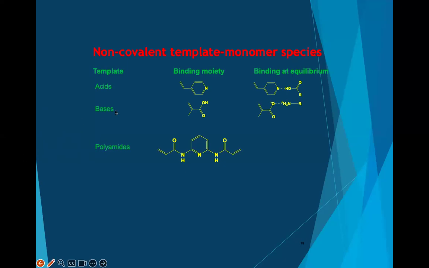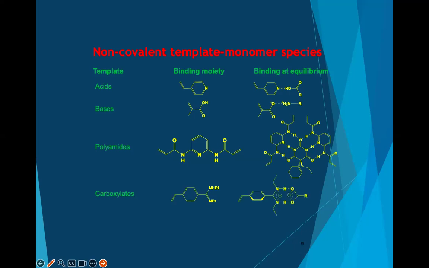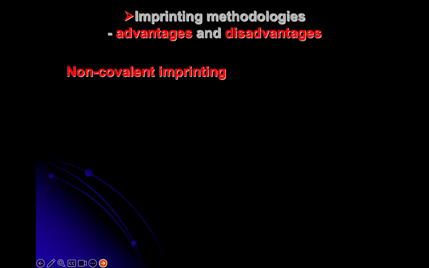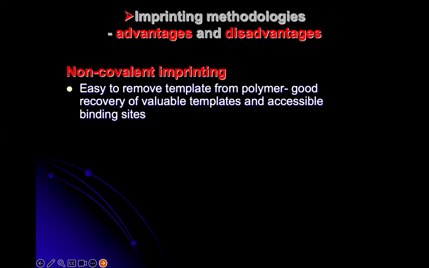So this is acid bases with charges. Bases have negative charges, acids have positive charges. Disadvantages and advantages: it is easy to remove template from polymer.